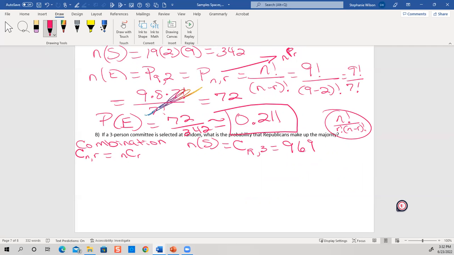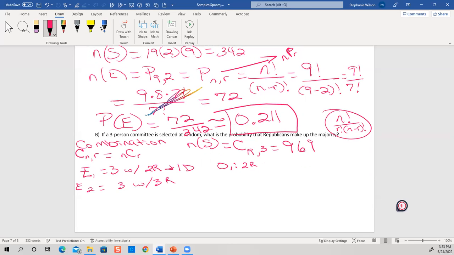So now we're going to have two things going on here. We're going to have event 1, where we have a 3-person committee with 2 Republicans and 1 Democrat. And then we're going to have event 2, a 3-person committee with 3 Republicans. Okay. So now we're going to find event 1. Event 1 is 2 Republicans out of 10 available.